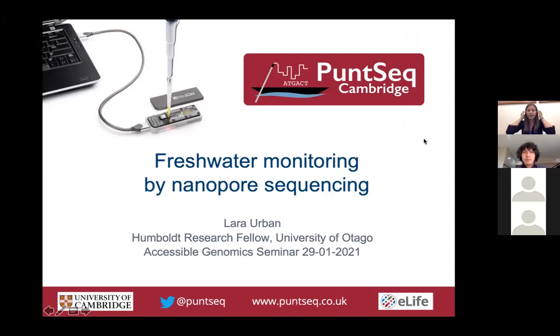Cool, so hi everyone. As Khalil just said, my name is Lara. I'm currently a Humboldt Research Fellow at the University of Otago in New Zealand. And I'm at the moment focusing on conservation genomics. That means I'm mainly using statistical genomics and quantitative genomics to understand how we can use genomics to support the conservation of endangered species. So I'm mainly focusing on two critically endangered species here endemic to New Zealand, the takahē and the kākāpo.